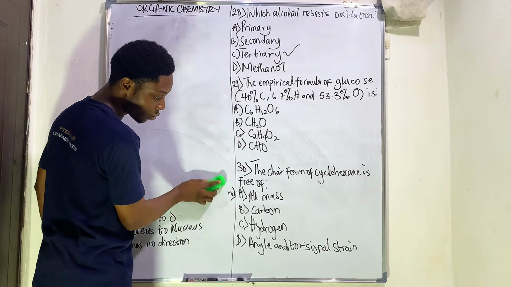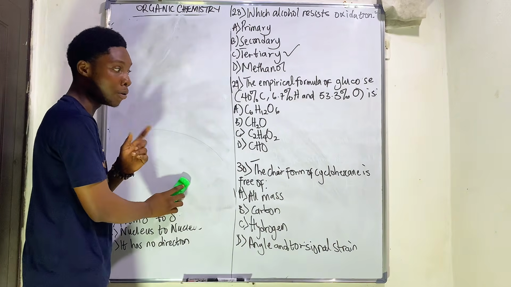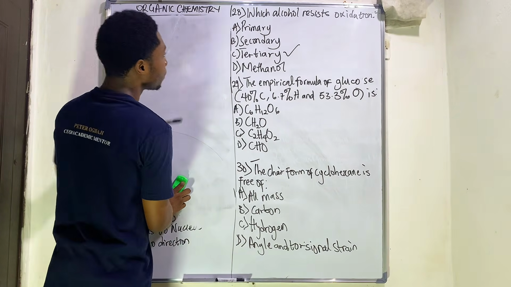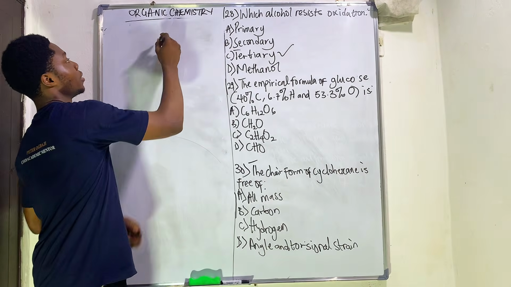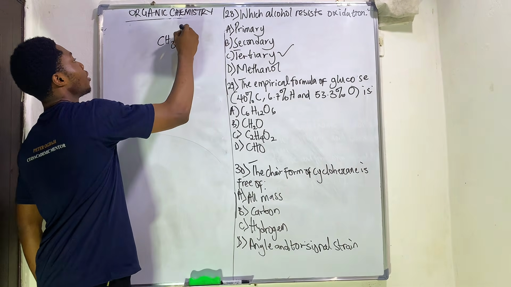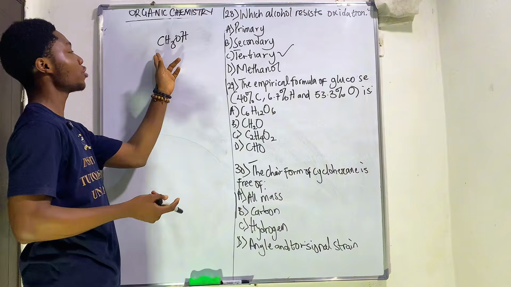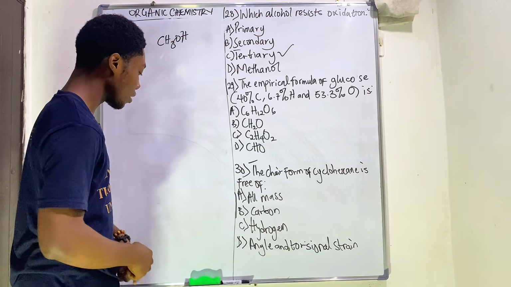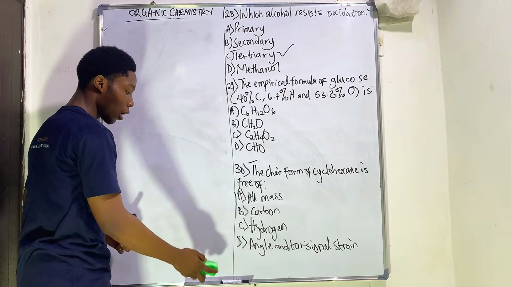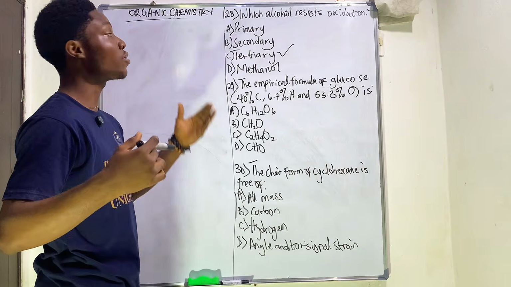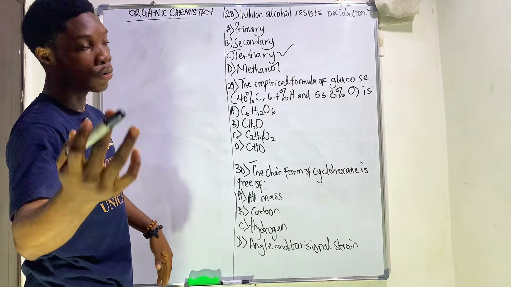The answer is not secondary alcohols because there's a hydrogen that can be removed. And the answer is also not methanol, because the chemical formula for methanol is CH3OH. From the chemical formula, you can see that there is hydrogen available to be oxidized. So the answer is also not methanol. The answer is tertiary alcohol because there's no hydrogen that can be removed to be oxidized.